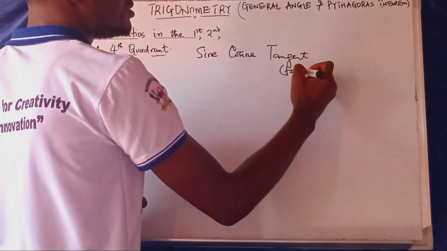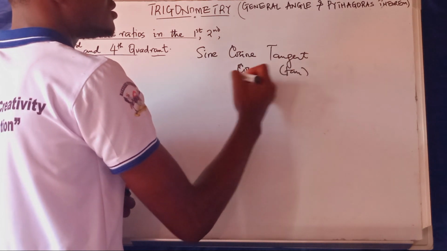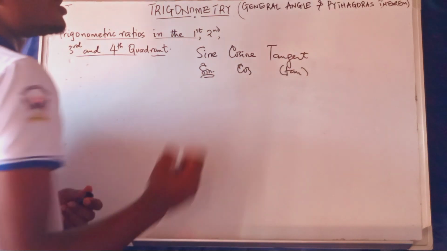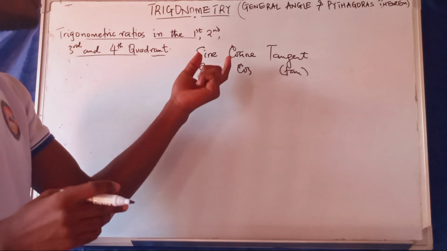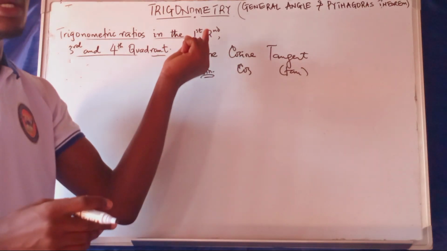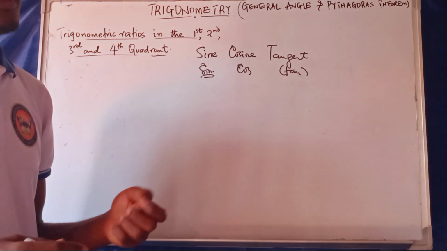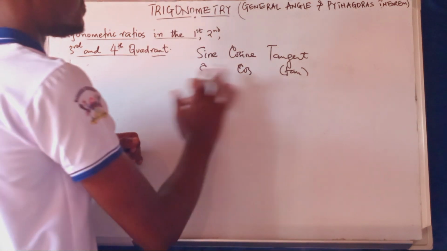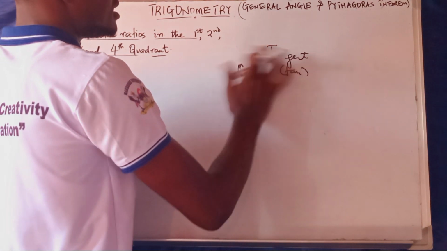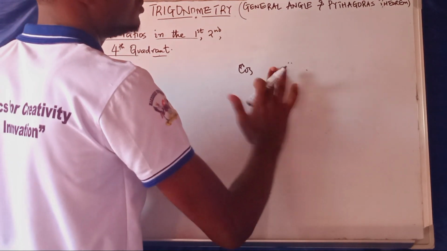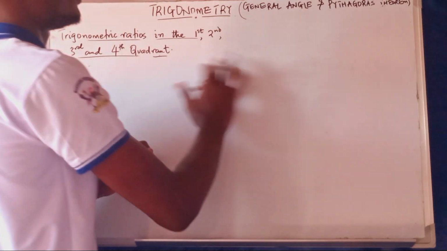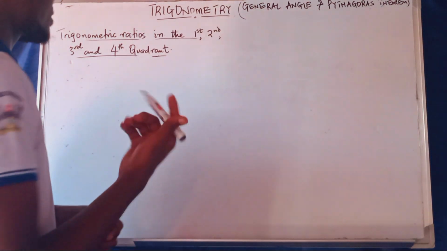We always call it tan, cos, then this is the sine. So we are going to see the behavior of these trigonometric ratios in the first quadrant, in the second quadrant, and in the third and fourth, and so on. So let us straight away go to the point. So we shall begin with the first quadrant.